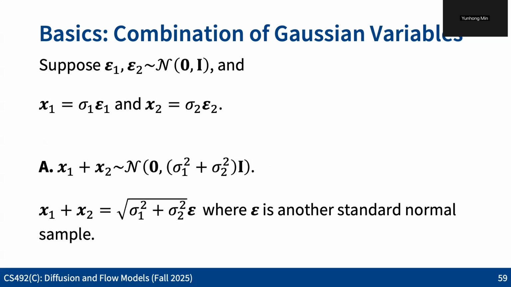So actually, we can say that x1 plus x2 is also a sample from another Gaussian distribution, not having the identity as the variance, but having sigma_1 squared plus sigma_2 squared as the variance. From what we have seen in the previous slide, x1 plus x2 is also a sample from this specific Gaussian distribution, right? So these are very basic properties of Gaussian distributions.